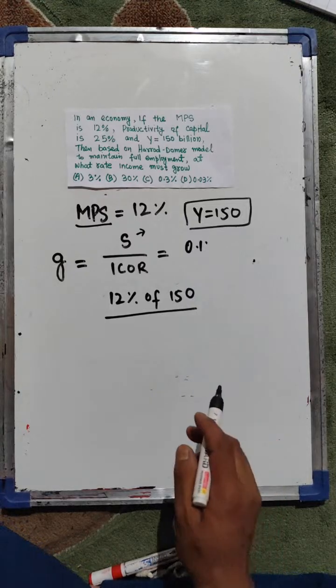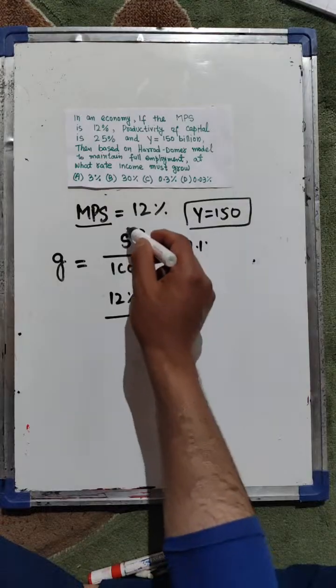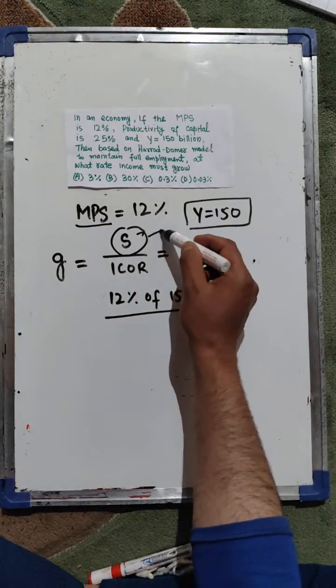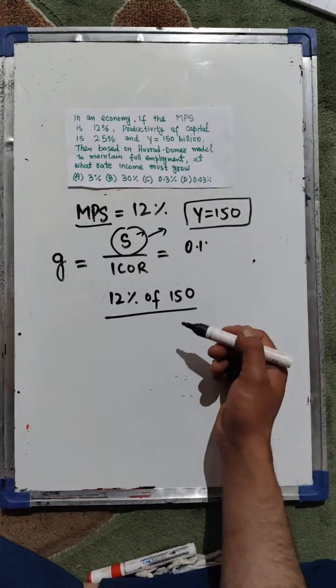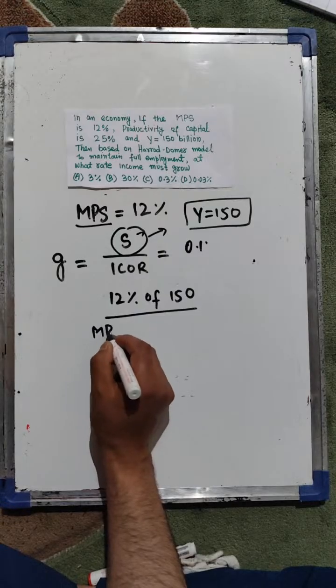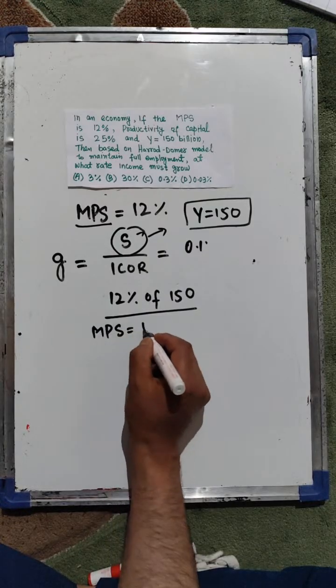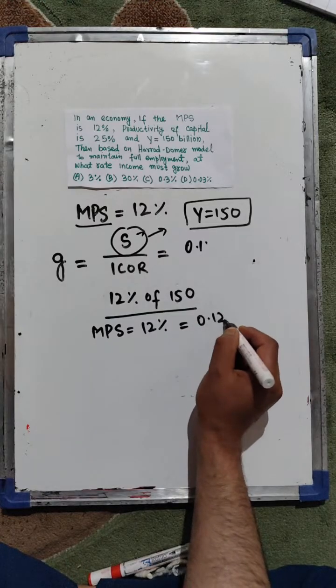Savings divided by income, that will not help any. Savings is actually a proportion of income. That is true, but in this case we are being told that marginal propensity to save is equal to 12%, which can be written as 0.12.